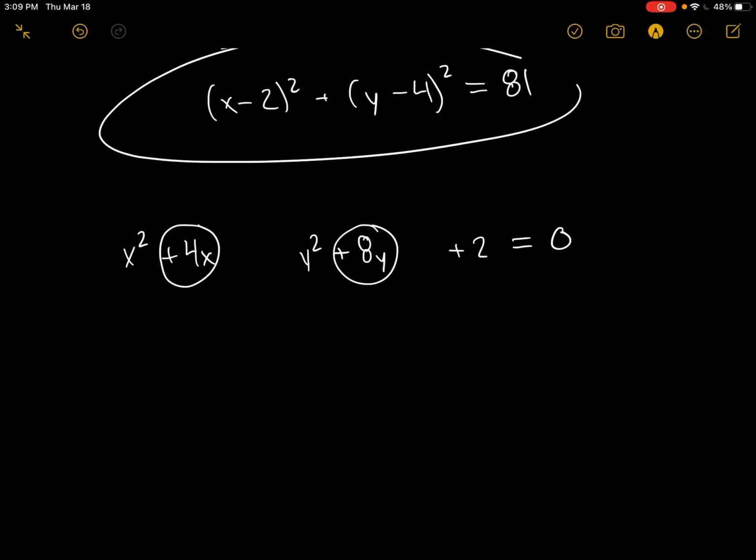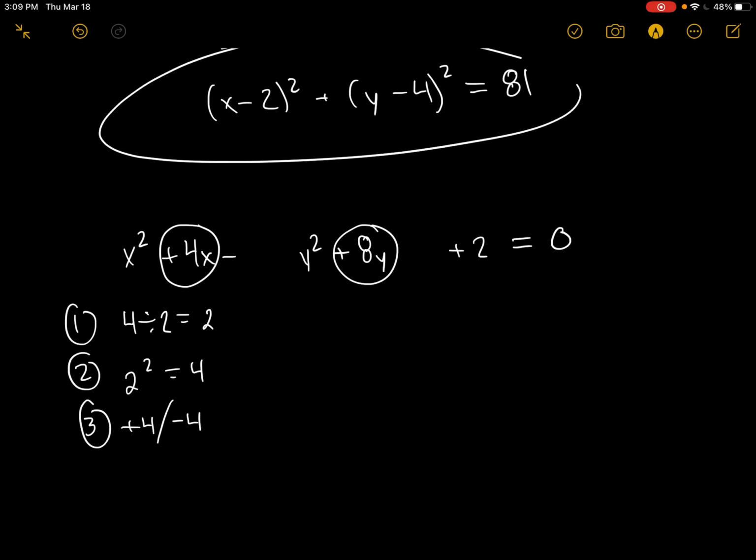What our job is, we're going to look for just x and just y, and then we follow these steps. We take whatever number is with just x, divide it by 2. We take our answer to that and we square it, and then that is what we are going to both add and subtract from both sides. So we'll add 4 here, and then we'll also subtract 4 here, again, on that self-contained left side.